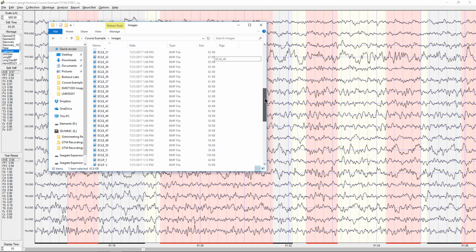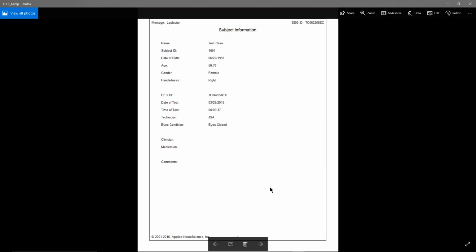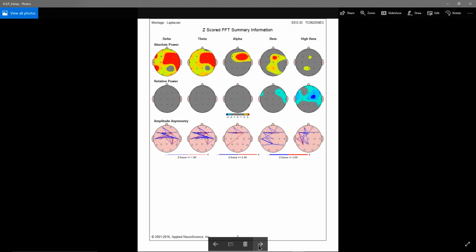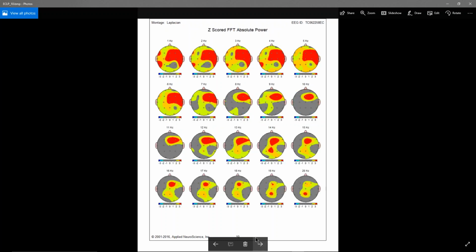So let's go to the end of this eyes closed, linked ears. There's the Laplacian. So this is getting rid of the effect of the reference, the ear reference. And if we go to the statistical maps, we see that this whole right side is affected by this impact injury that she sustained.